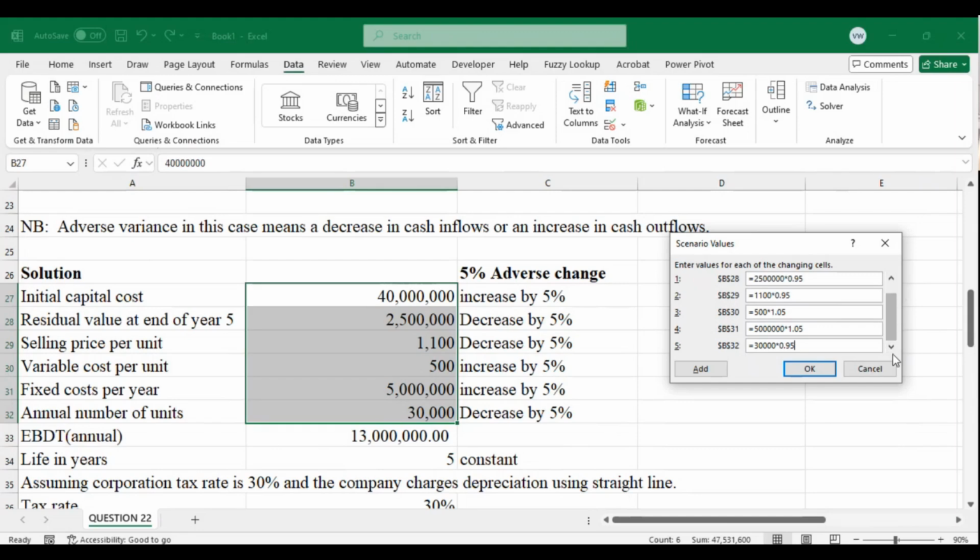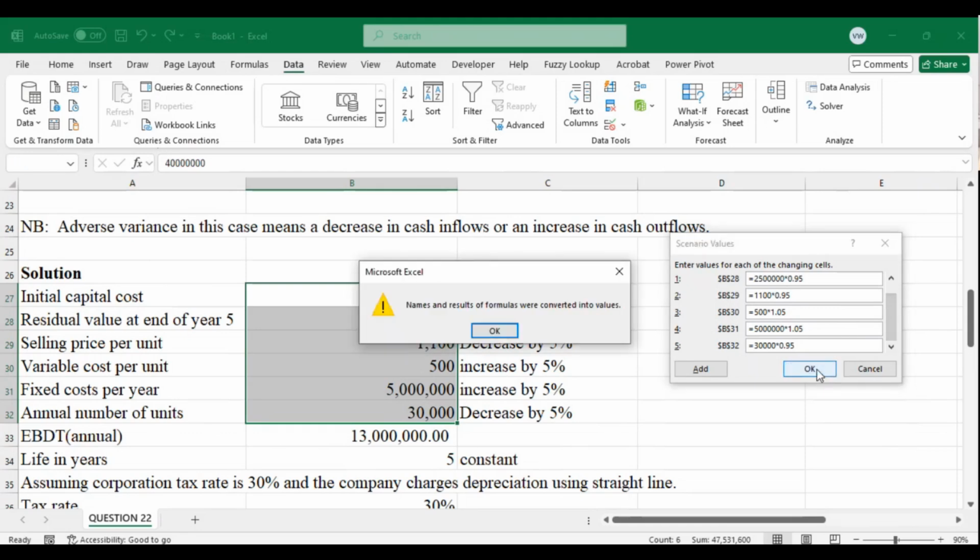Then once you've done that, you just say okay. When you say okay, there's a warning that will appear in Excel and it will tell you that the names and results of formulas were converted into values. So Excel has realized that I'm trying to multiply these values and it's ready to convert and do for me the computation and give me the exact value, so that if I say okay, when I go back to those specific cells, I'll now get the actual computation.